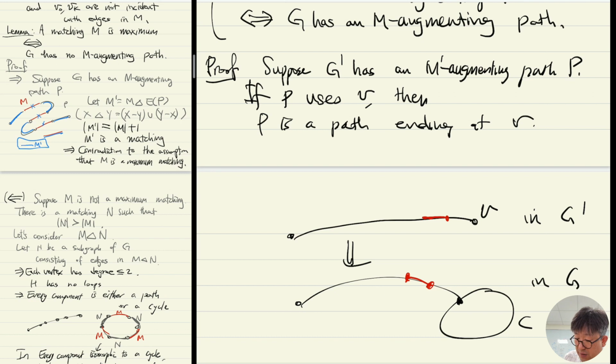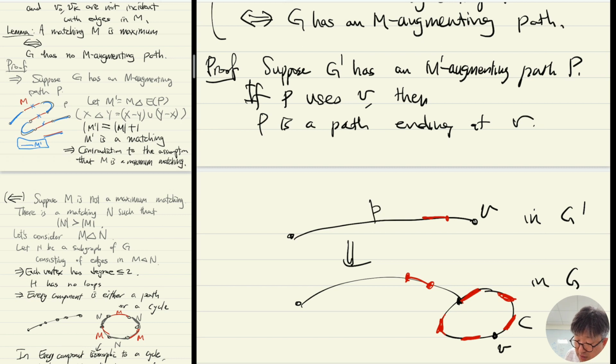And now it's possible that this vertex is matched by an edge in the matching, but C has one vertex which is not covered by matching. So how do we complete this into an augmenting path?